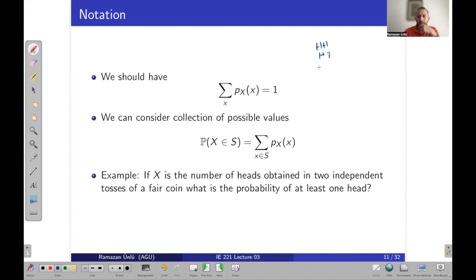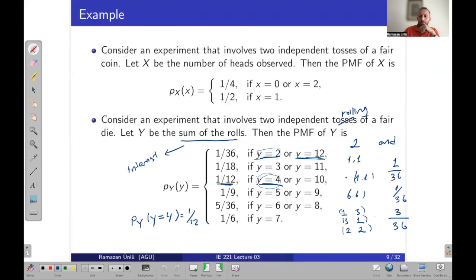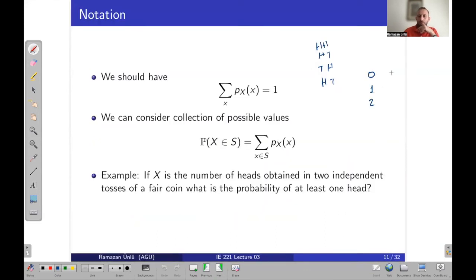Hat, tail, hat, and tail. So all the possible values it can take, I mean, 0, 1, and 2, we can get 0 heads, 1 head, and 2 heads. What was the probabilities? 1/4, 1/2, and 1/4, right? If you sum all these things, you will get 1.